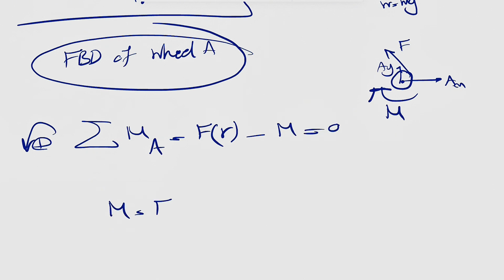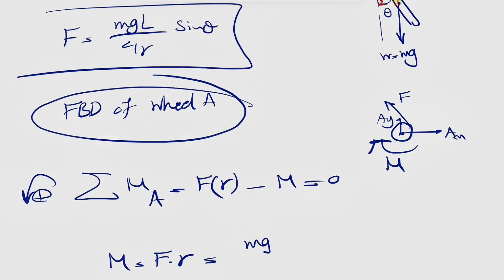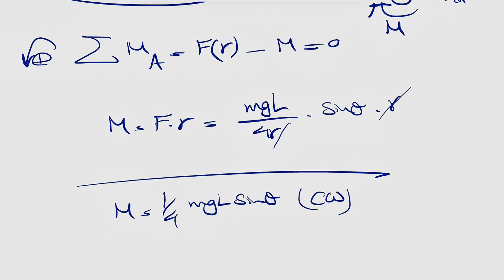So our M is basically F times R. We found F in the previous part, so mgL divided by 4R sine theta times R, so the R cancels out, and the moment would be a quarter of mgL sine theta, and the moment is clockwise.